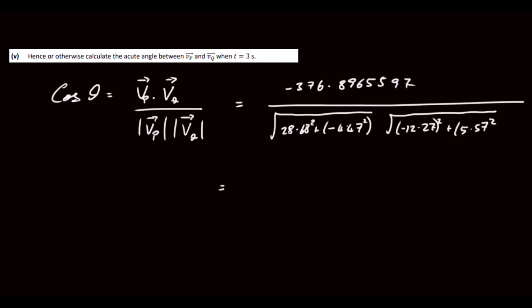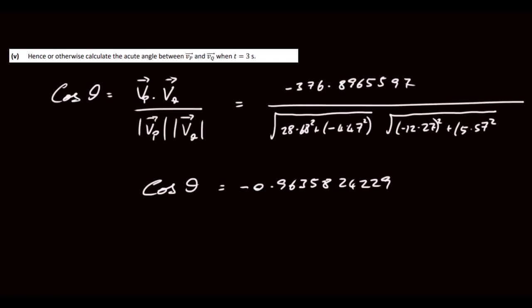Now I've worked all of that out using all the digits. I don't have all the digits here, but I worked it out using all the digits, and what I ended up with was cos theta is equal to minus 0.9635824229. So again, I haven't put all the decimal places in up here, but this is what you get if you do.